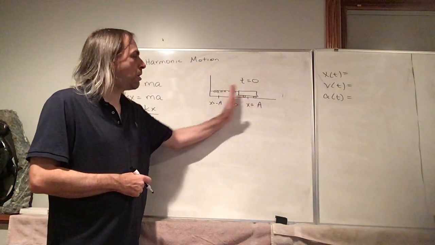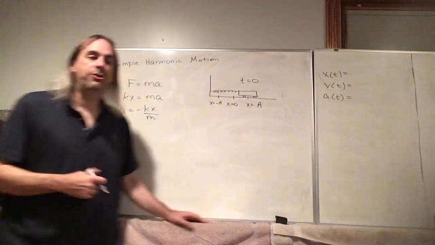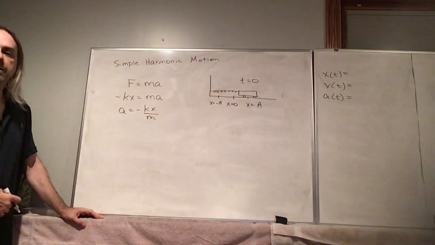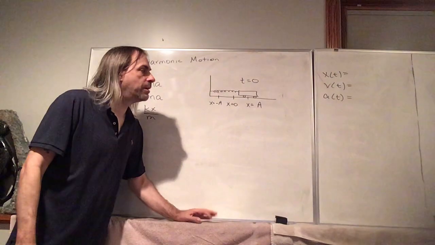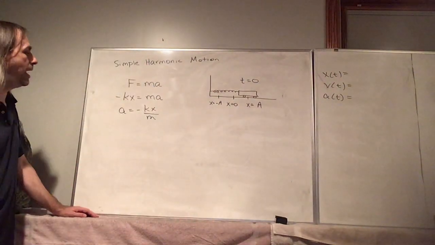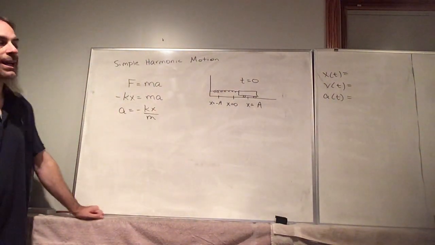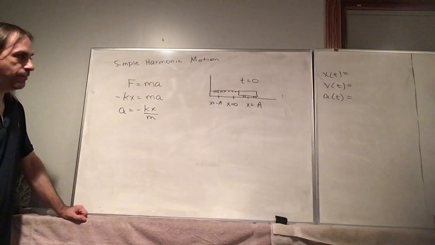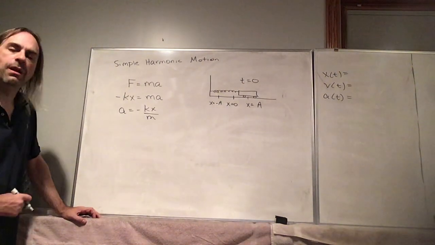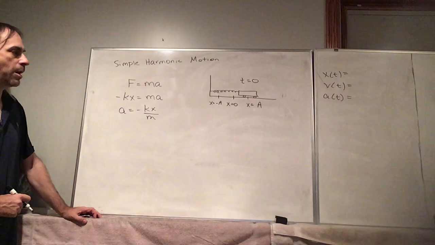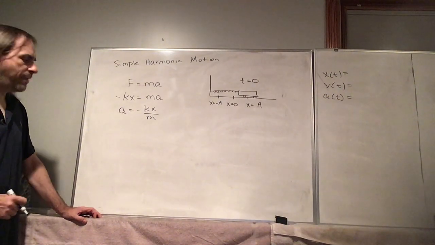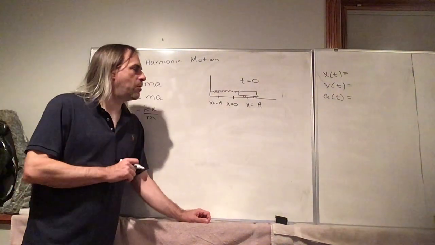And so as this cart is moving, the acceleration is changing, and the kinematics we can deal with in an algebra-based class can only deal with the case of constant acceleration. So we have to come up with another way of solving this problem. And we're going to do that in a kind of a roundabout way.